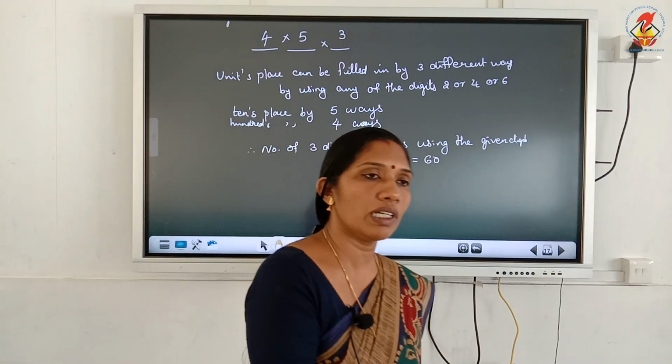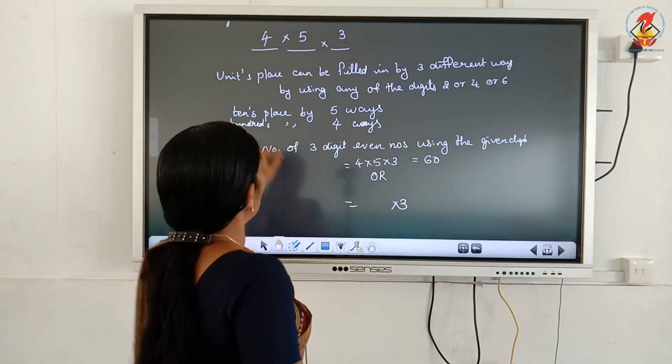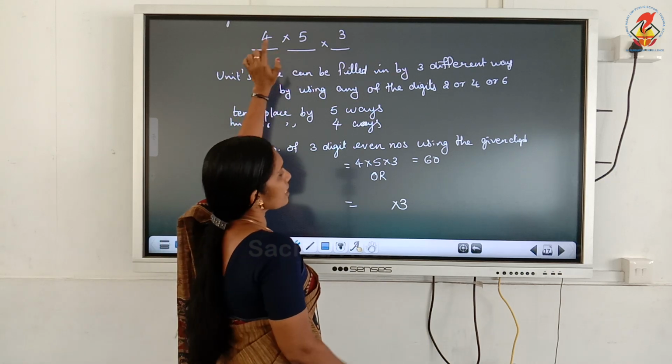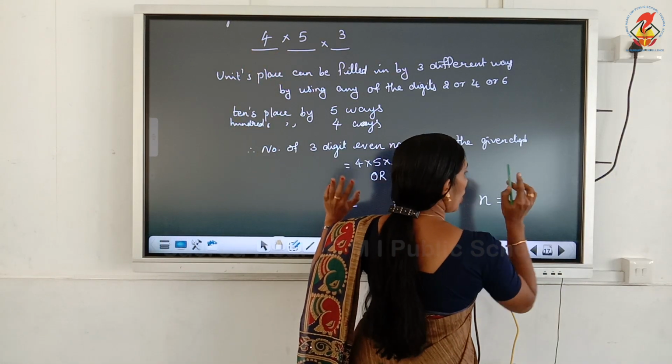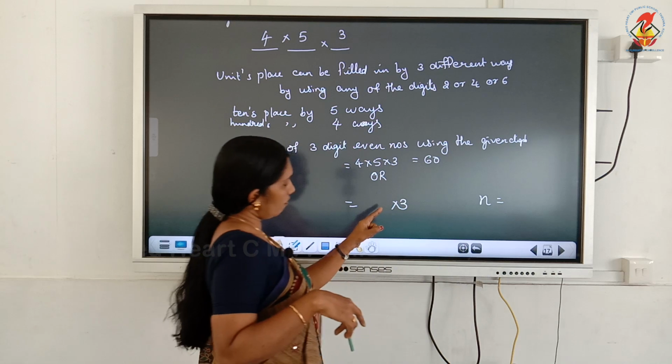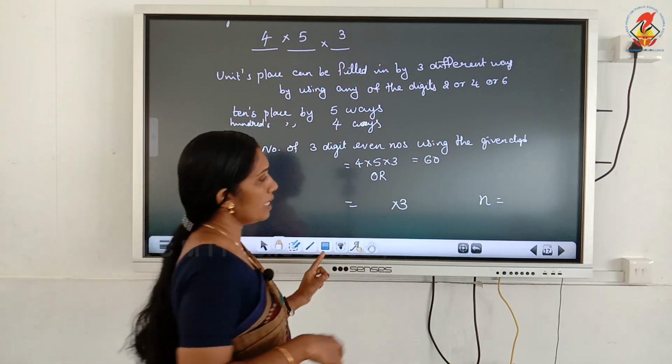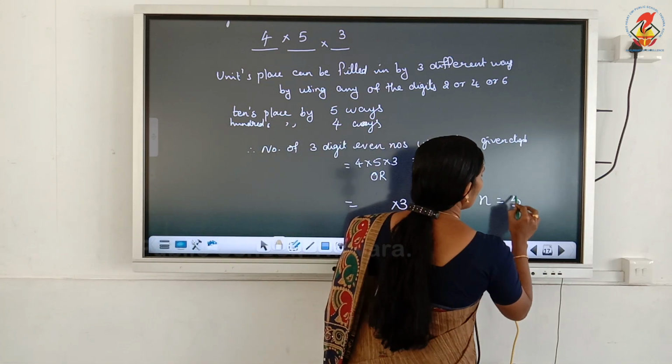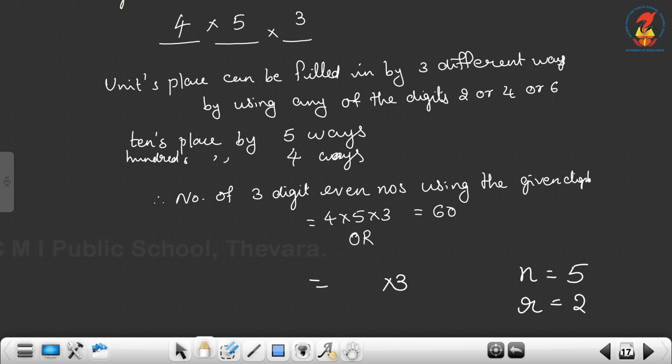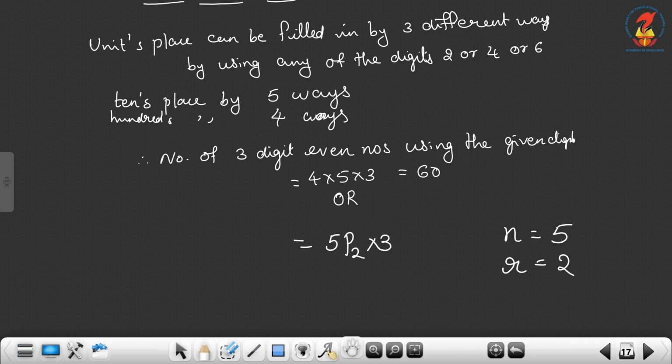Last place we can fill in by 3 different ways. Now we have 2 places and 5 digits. Total 6 digits are there, but 1 is already in the unit place. Now we have only 5 digits and 2 places. So here we have to write 5P2. Okay, nPr.